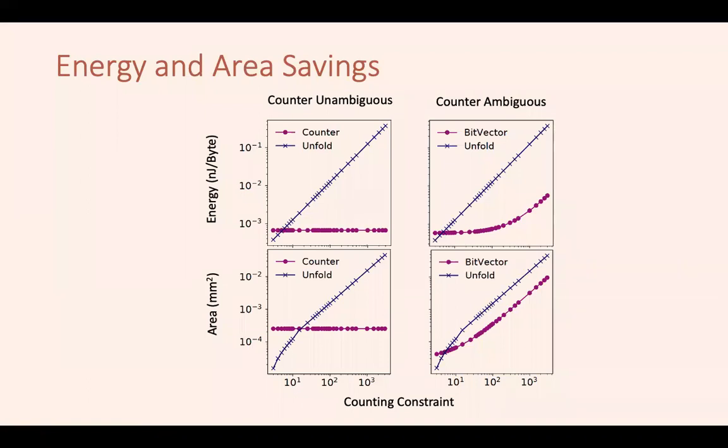And if it is counter ambiguous, then we have to resort to using the bit vectors, and there is no asymptotic improvement, of course, but we see that in practice we can improve on the energy and area if we use bit vectors instead of unfolding and using so many states. So I would like to talk more about the bit vector related ideas in some more detail.